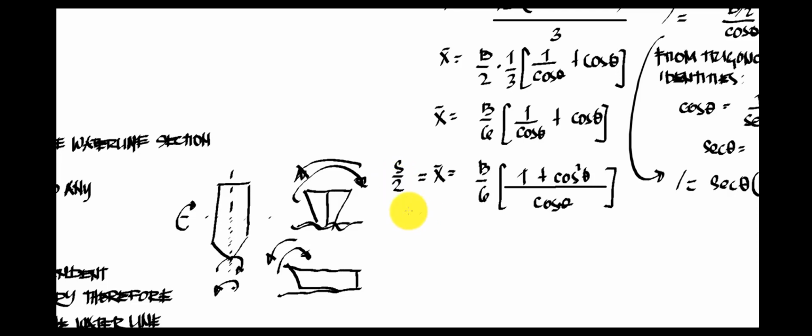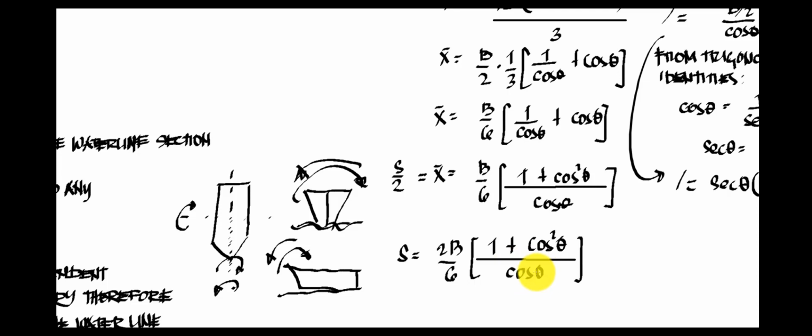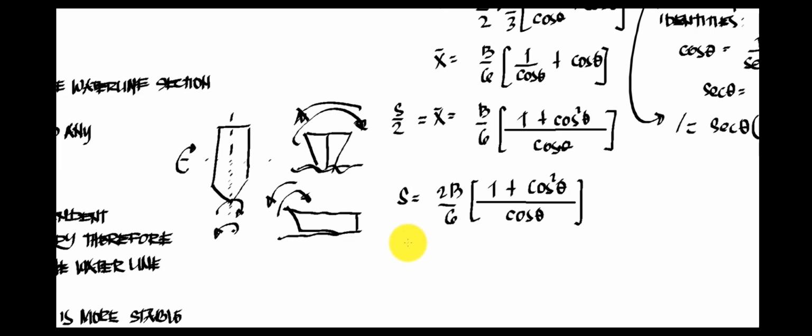Since it is equal, the value of your S is multiplied by 2B over 6, multiplied by 1 plus the cosine squared theta, then divided by the cosine of theta. So this will become B over 3 times 1 plus cosine squared theta divided by the cosine of theta.